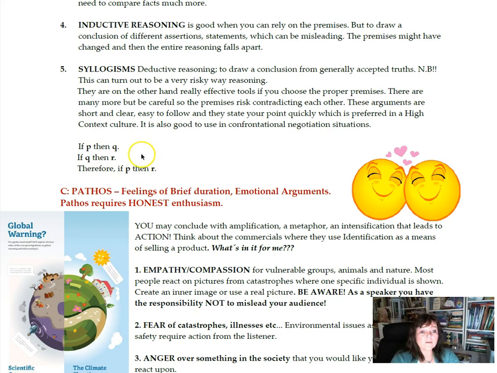Because normally you say if P, then Q. If Q, then R. Therefore, if P, then R. I think the famous one is: Aristotle was a man. Men are mortal. Therefore, Aristotle is mortal. But it's not always correct.